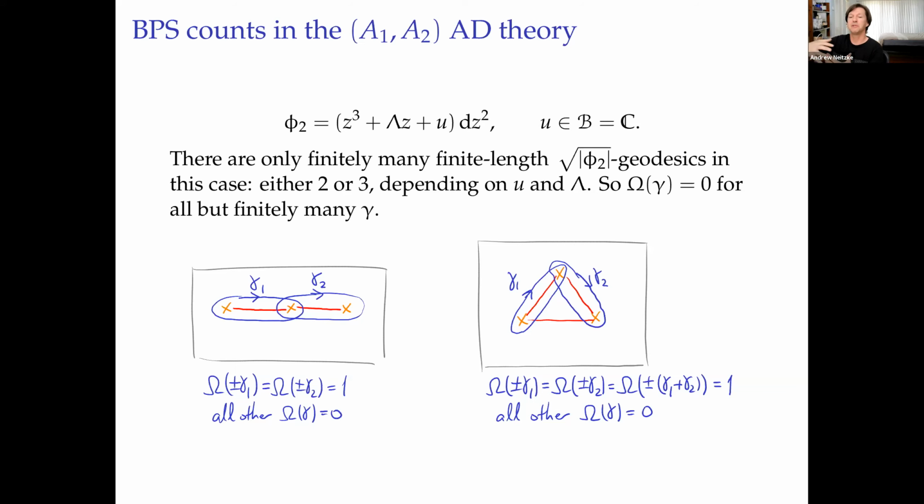So there's going to be some place in the Coulomb branch where the invariant suddenly jumps from 2 to 3. As I continuously move from the picture on the left to the picture on the right, there has to be a moment where one of these geodesics appears. That's the so-called wall crossing phenomenon for this BPS index. It's not locally constant. It's only locally piecewise constant.